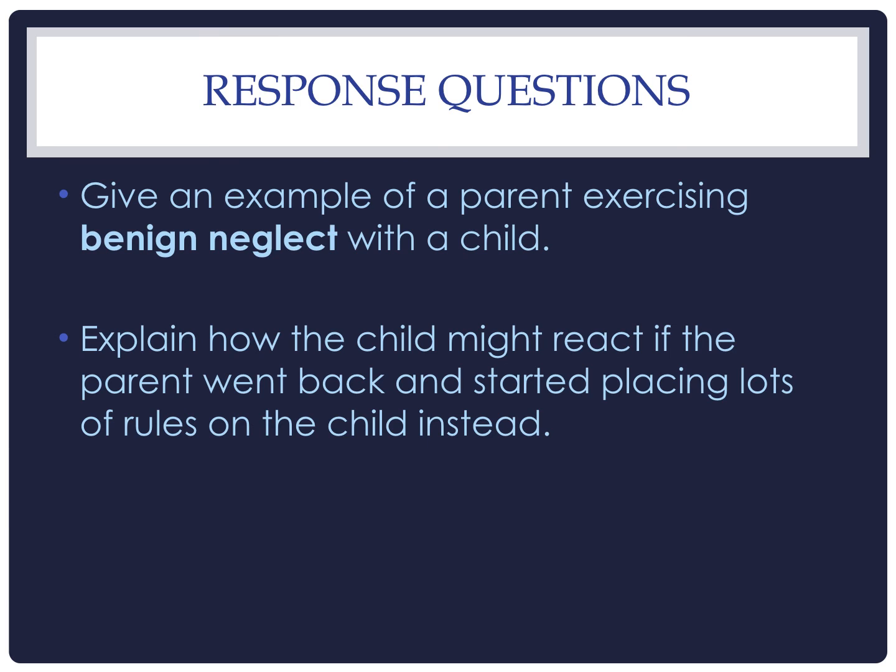It doesn't have to be a little kid, it could be a teenager, for example. But think of that parent-child relationship. And then the second one, explain how the child might react if the parent went back and started placing lots of rules on the child instead. Think about that, come up with some responses there, and then print your notes before the next class.